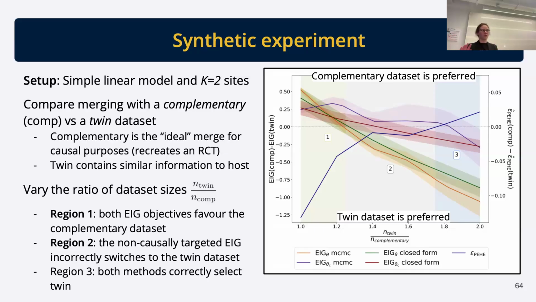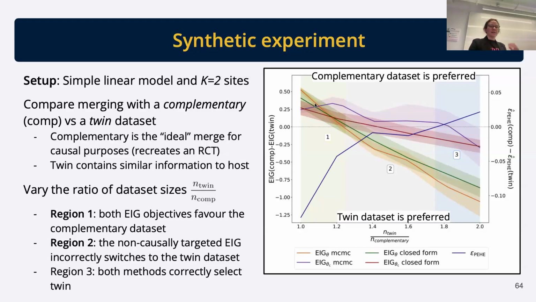So let me walk you through that. On the x-axis, we have the ratio of data set sizes. On the left y-axis, we have the difference between the EIG for the complementary versus the twin. Anything that is above the 0 line will favor the complementary data set, and anything that is under the 0 line will favor the twin data set.